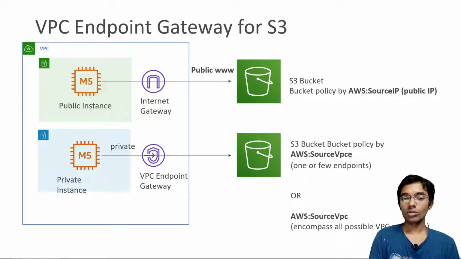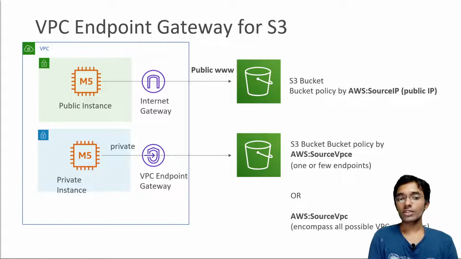Okay, so now let's talk about the VPC Endpoint Gateway for S3. Let's say that you have a VPC and in it you have an EC2 instance in the public subnet, and want to access an S3 bucket.